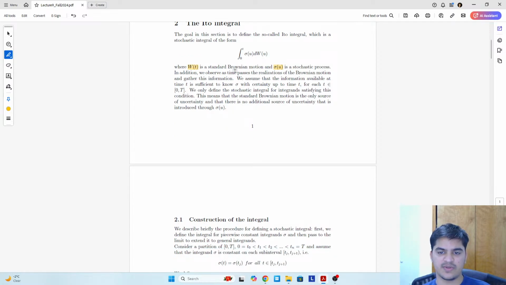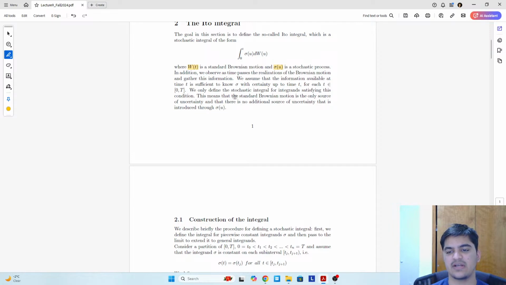In addition, we observe as time passes the realization of Brownian motion gives us information. We assume that the information available at time t is sufficient to know sigma with certainty up to time t, for each t in 0 to t. We define the stochastic integral only for integrands satisfying this condition.